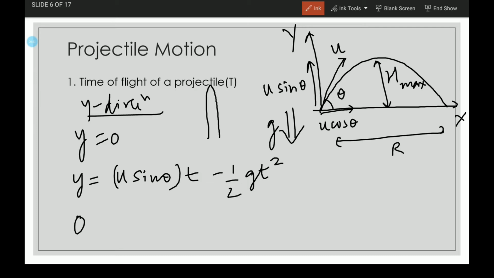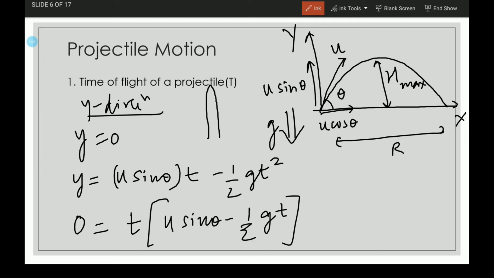Since it is 0, t into (u sin theta minus half g t) is zero. On rearrangement, we can see that the time of flight, or small t, is equal to 2u sin theta divided by g.